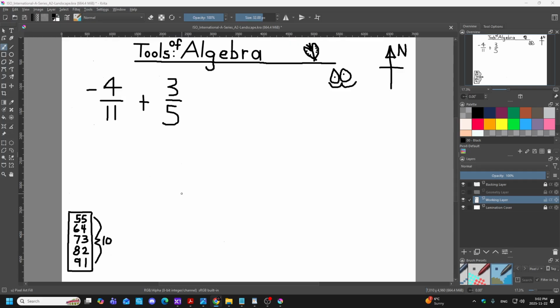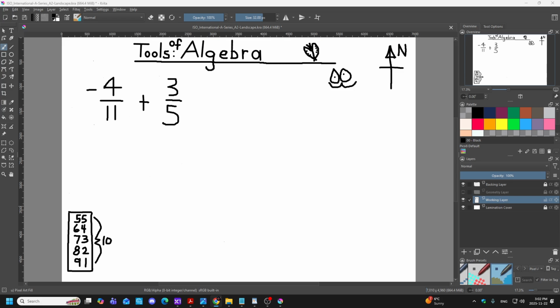Okay, we are continuing on with Unit A, Section 1-2, adding and subtracting rational numbers. All right, this is so much fun. What do you mean it is?